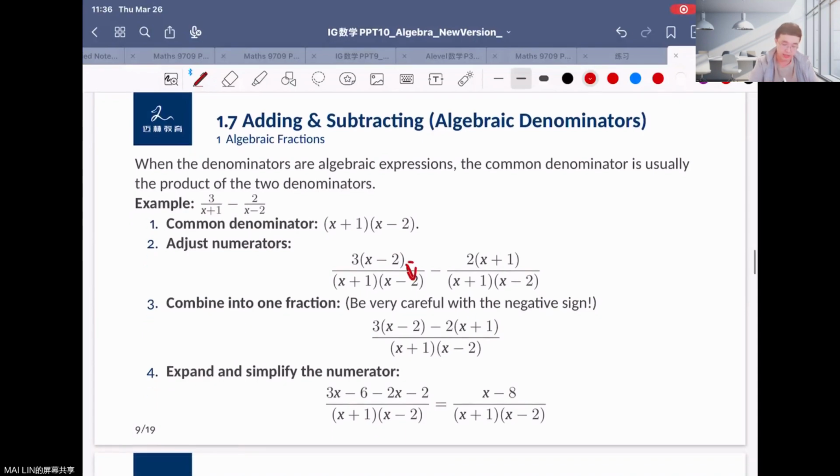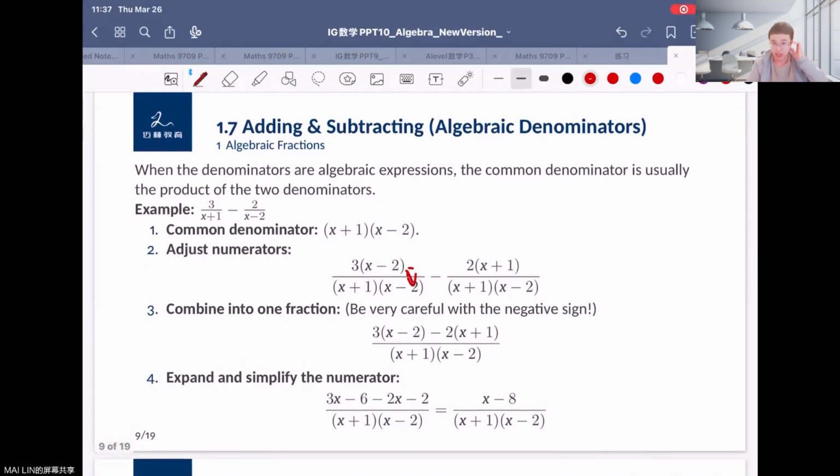So x minus 2 is put on the first fraction, so it becomes 3 times x minus 2 over x plus 1 times x minus 2, and then minus 2 times x plus 1 over x plus 1 times x minus 2. Then you can combine it into one fraction, so the denominator is x plus 1 times x minus 2, and the numerator is 3 times x minus 2 minus 2 times x plus 1. Then expand and simplify the numerator, and we find the final answer is x minus 8 over x plus 1 times x minus 2.